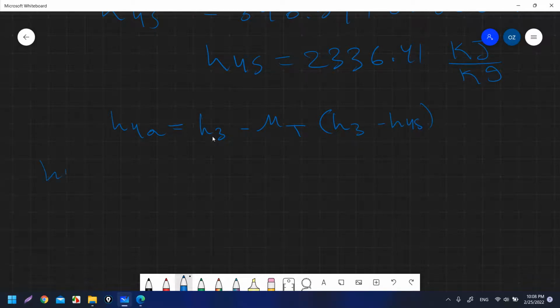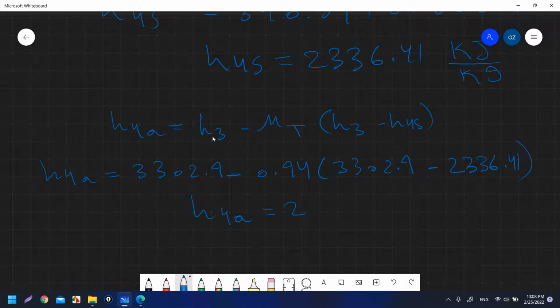So H4A will equal 3302.9 minus the isentropic efficiency of the turbine 0.94 times 3302.9 minus H4S, 2336.41. And now we can find H4A. H4A is equal to 2394.4 kilojoule per kilogram.